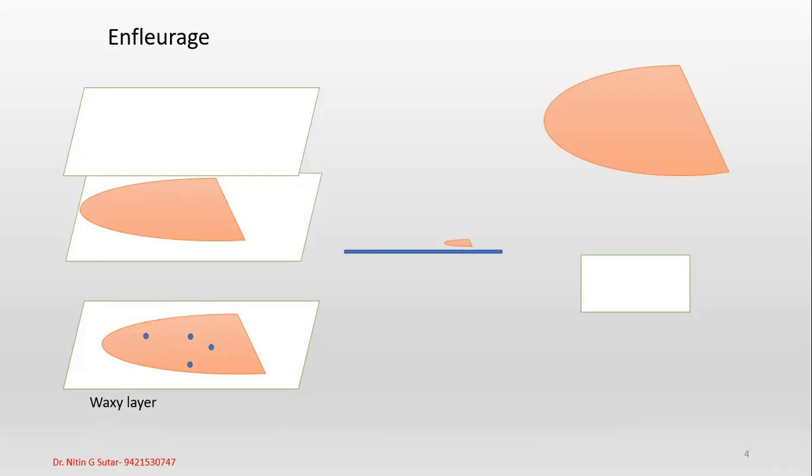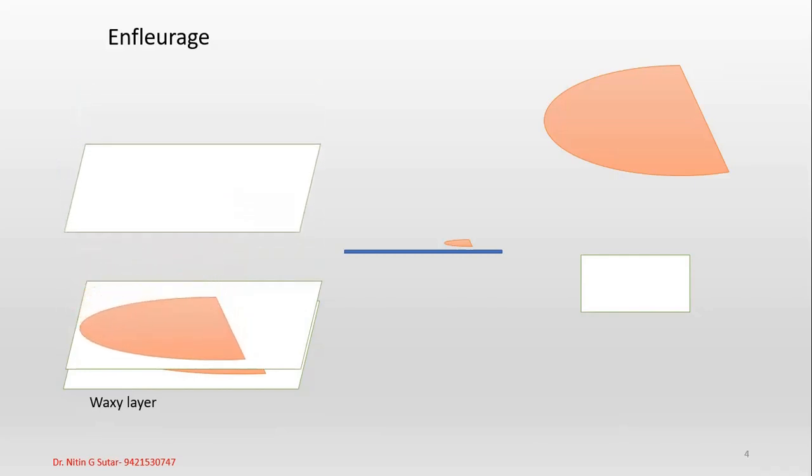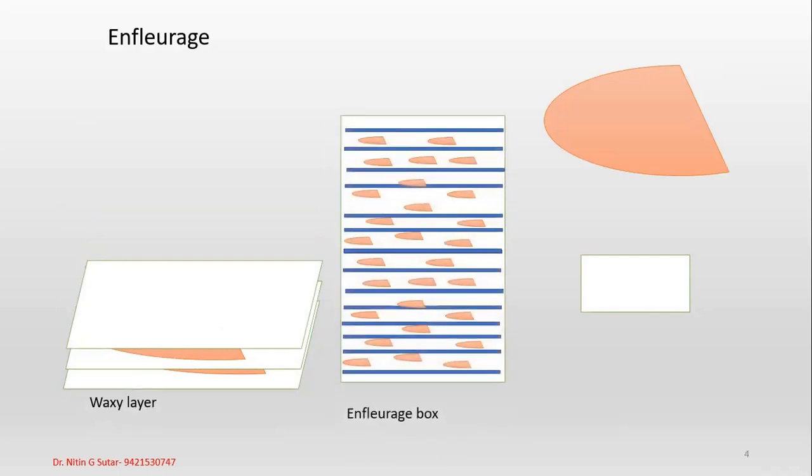Over that we place another waxy layer, then another layer of fresh flower petals, and again another waxy layer. Just like that a sandwich is prepared. A box of the sandwich is to be prepared like this, and you keep this box for several days, depending on the material.